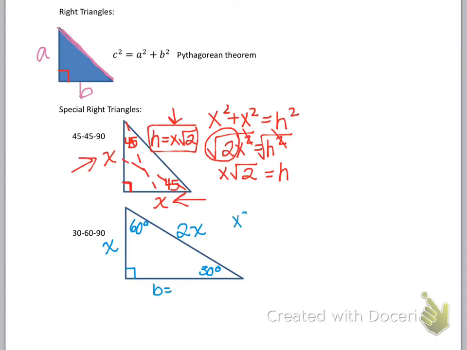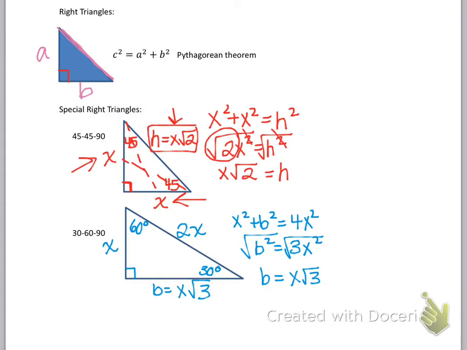We have x squared plus b squared equal to 4x squared, because I took the hypotenuse, 2x, and squared it. Subtract x squared from both sides, and you get b squared equals 3x squared. Take the square root, and b is x root 3.